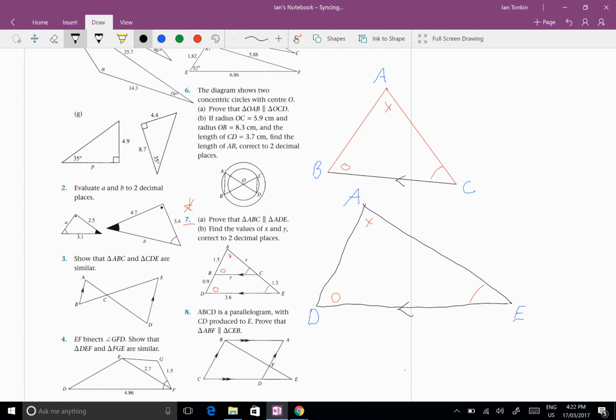So I'm going to write that up because a couple of kids said they had trouble writing that up. So my proof: triangle ABC is similar to triangle ADE.